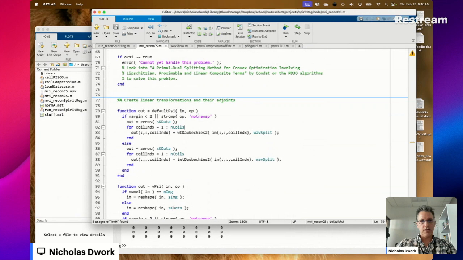So this, I don't want it to be... call this slice index. Not slices in volume, but slices like through coils.